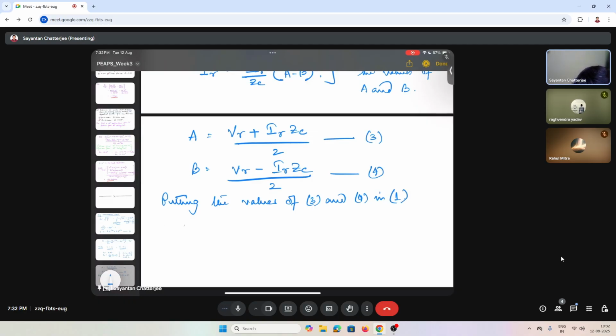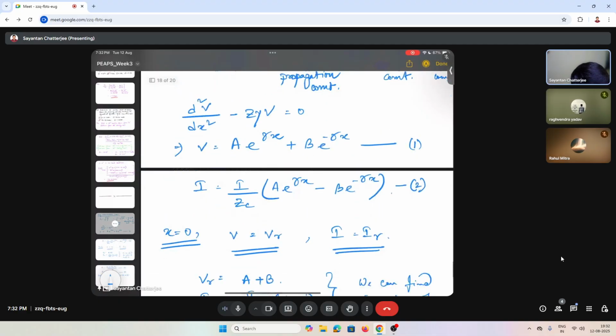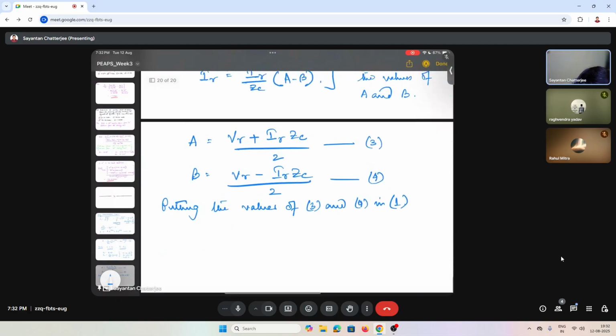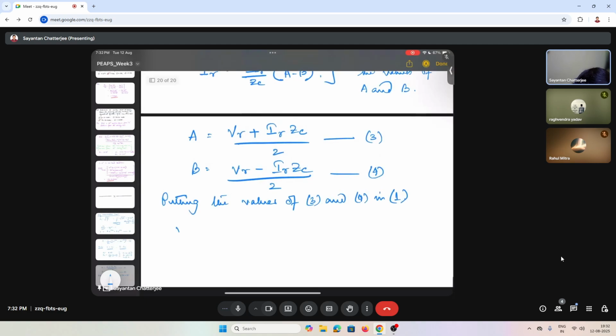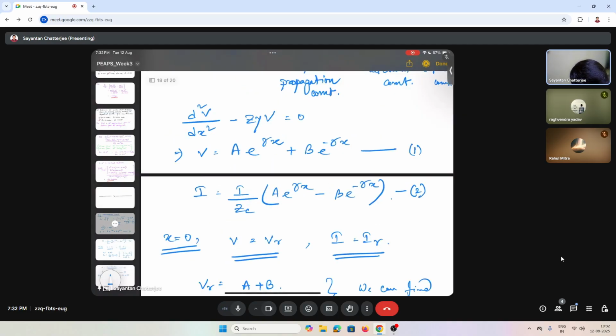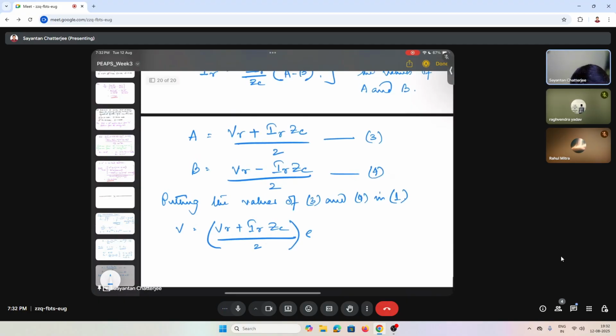If we do that, the equation will be VR/IR HC max plus VR minus IR HC.